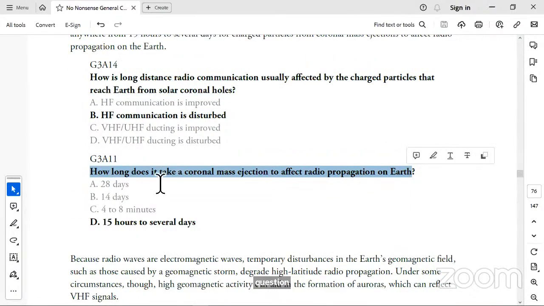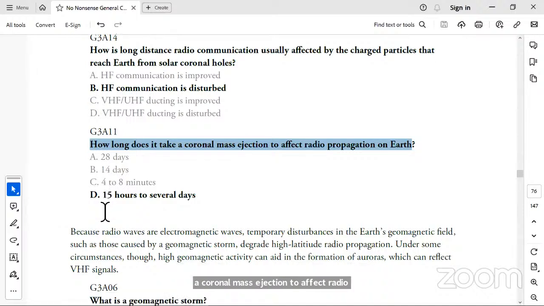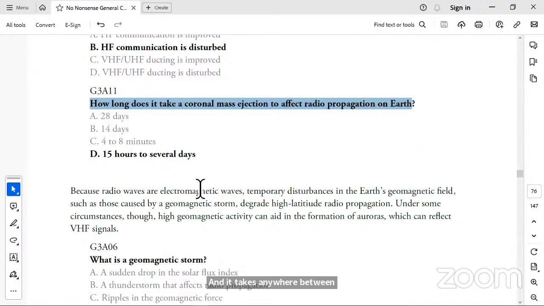How long does it take a coronal mass ejection to affect radio propagation on the Earth's surface? This is not a solar flare traveling at the speed of light that gets here in 8 minutes. These are particles that are traveling at a very high speed, from a CME, or coronal mass ejection, and it takes anywhere between 15 hours to several days.